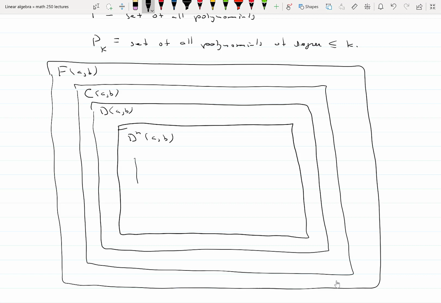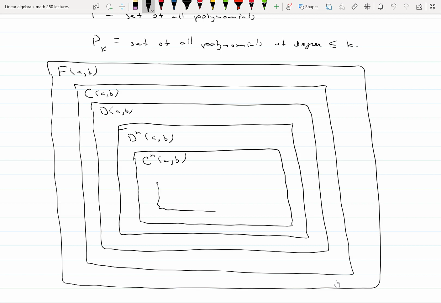Inside there, a much more restrictive set, are all those functions that have continuous derivatives up to the nth derivative. And some of those have continuous derivatives of all order.